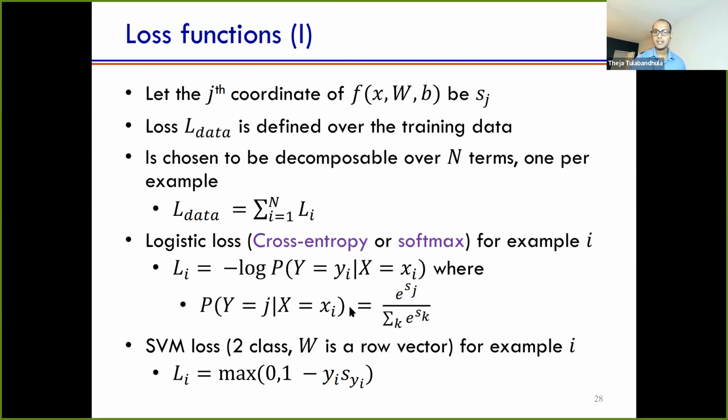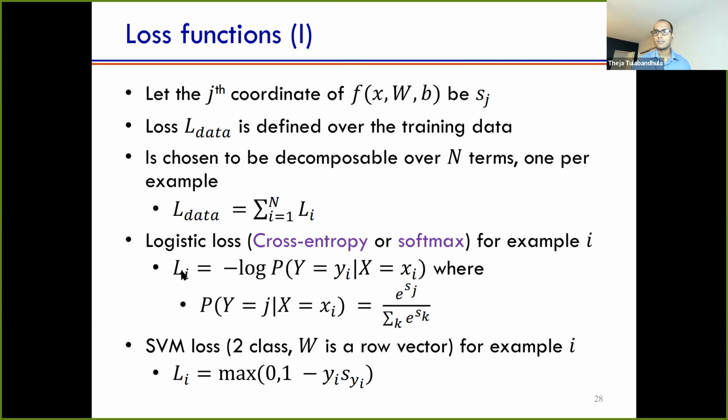And this probability, as given in this bullet point here, is an expression like e to the power sj divided by the sum over e to the power of all the scores. Remember there are 3 scores, 10, 5, and -1, for 3-class classification. Let's say the first class is the true class.